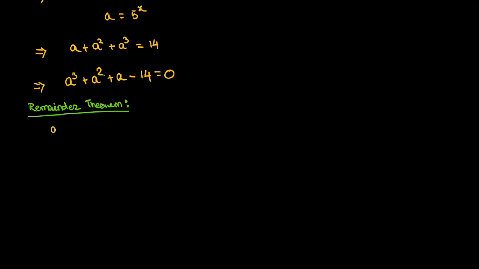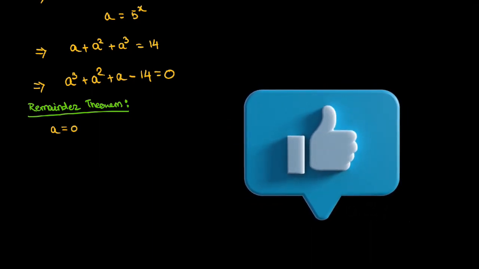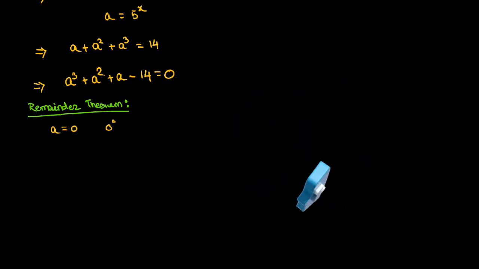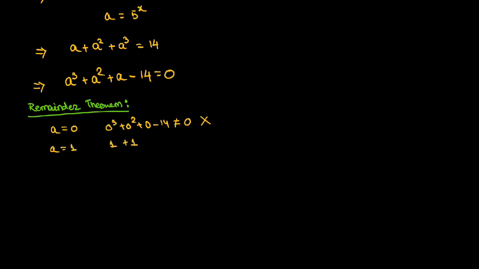If you consider the value of a equal to 0, then the equation has the value of 0 cube plus 0 square plus 0 minus 14. So, it is not equal to 0. Hence, a equal to 0 is not a solution. Now, apply a equal to 1, then 1 cube plus 1 square plus 1 minus 14 is not equal to 0.